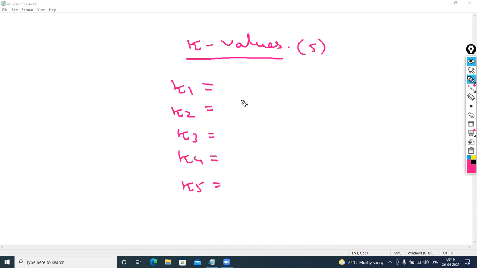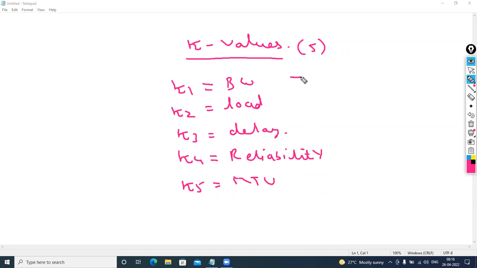What does K1 represent? Bandwidth. Very good. What about K2? Delay. Load. Load, not delay. Delay is K3. And reliability we have, and K5 represents MTU. So by default, in the metric, we use only bandwidth and delay. The rest is kept as 0.